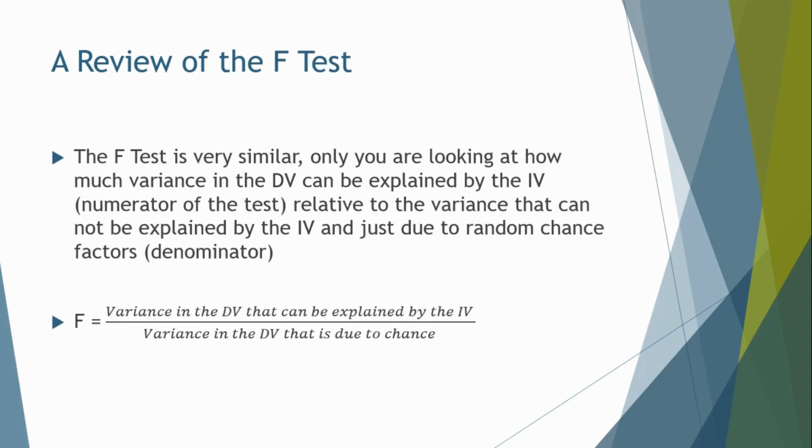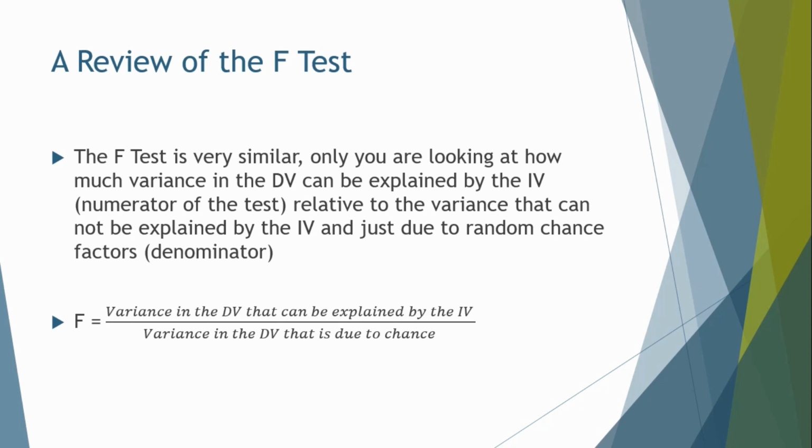The F ratio looks at whether or not variance in your DV can be explained by the IV, so that's what's in the numerator, relative to the variance in the DV that is due to chance. So when I say variance in the DV, I mean that you have variability in the scores of your DV, okay?